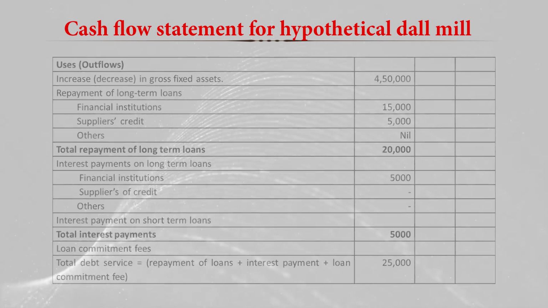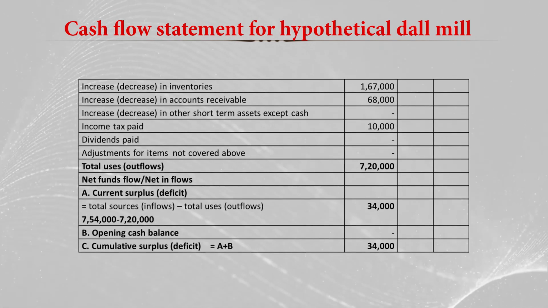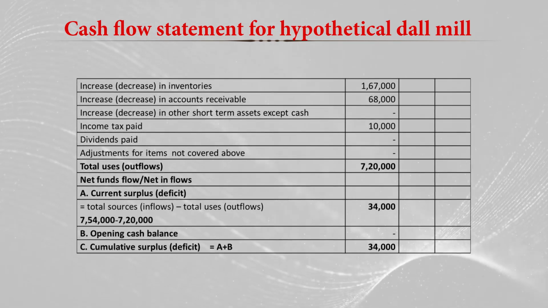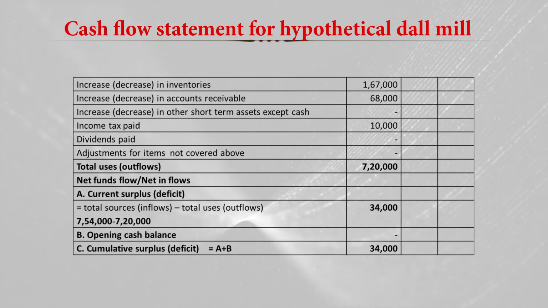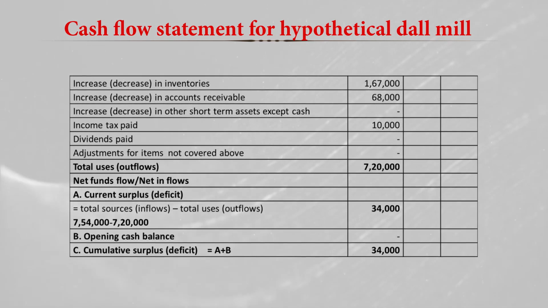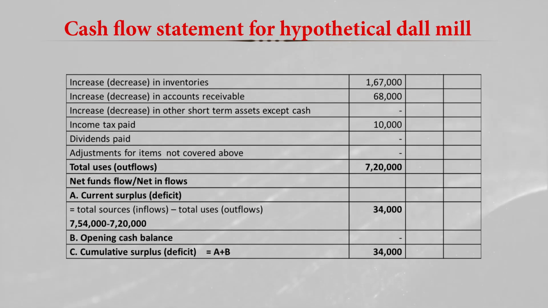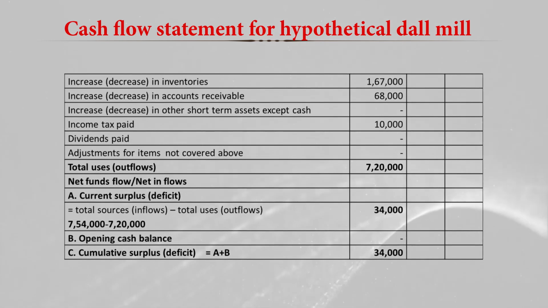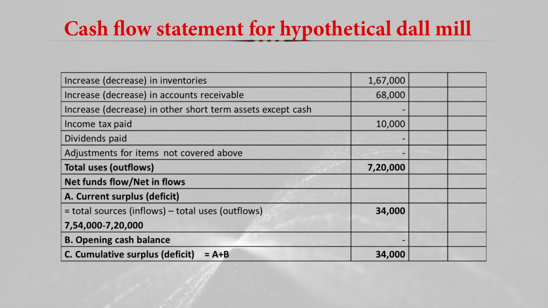Then the increase or decrease in inventory, we can say 1,67,000 rupees. And then the increase or decrease in accounts receivable, that is 68,000 rupees. Then we are paying income tax, that is 10,000 rupees. So the total usage of funds, the total outflow of funds from the company, is 7 lakhs 20,000.